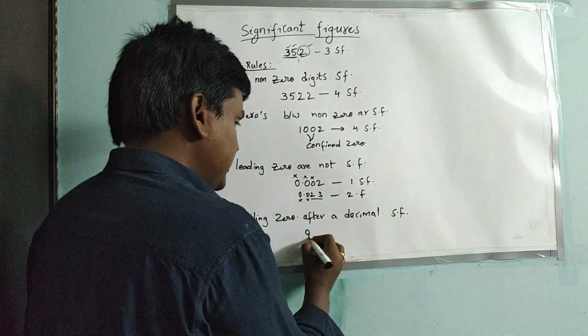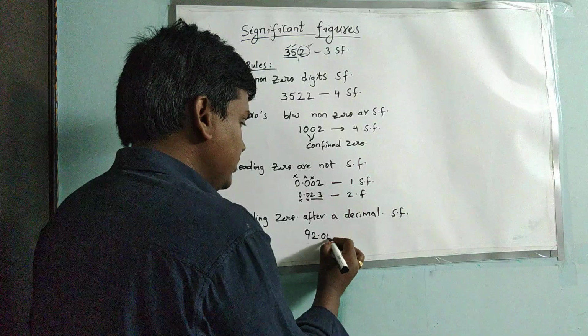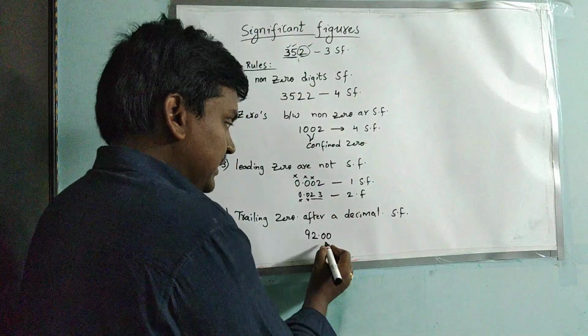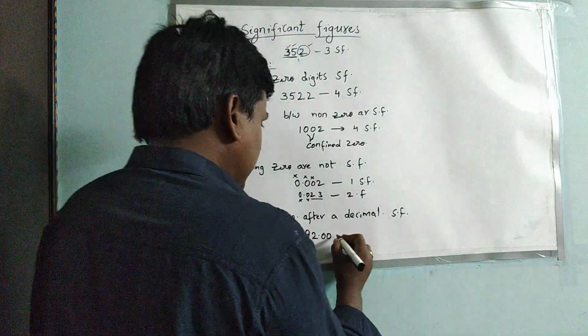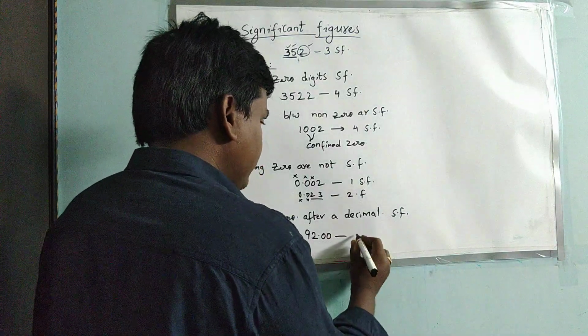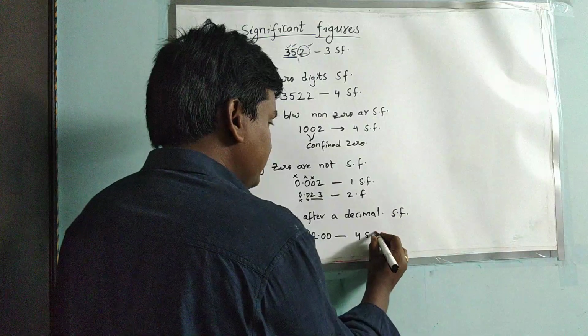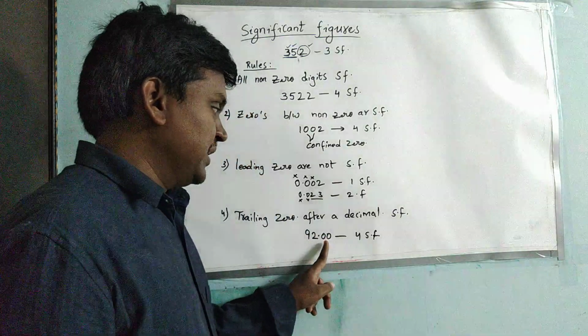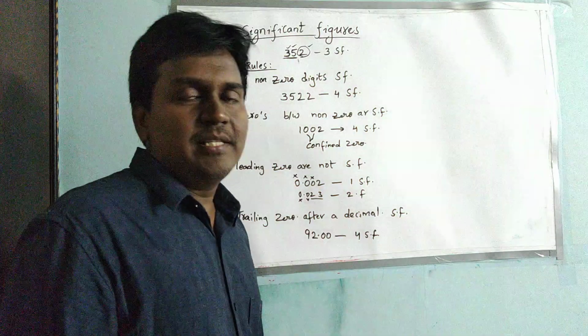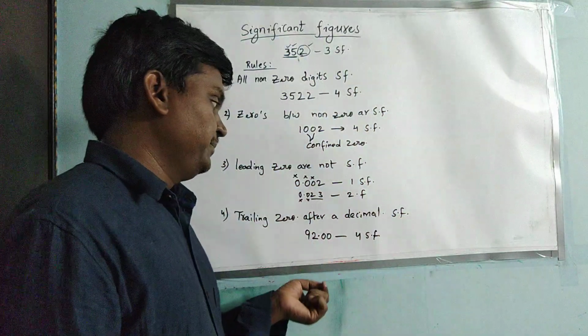For example, I am considering 92.00. These zeros are after a decimal. So here the number of significant figures is 4. Why? Because after a decimal, these zeros indicate the accuracy of the number.